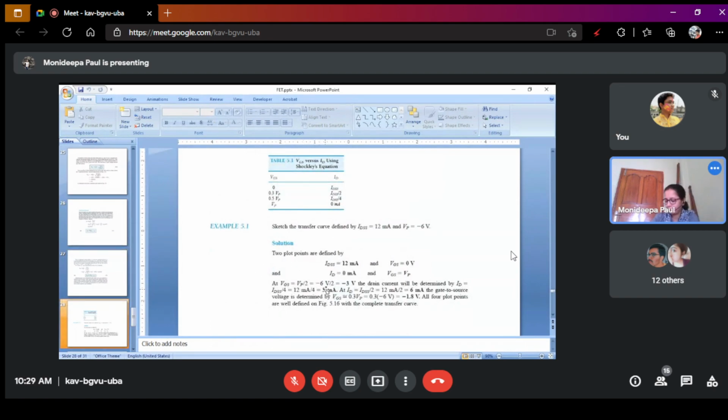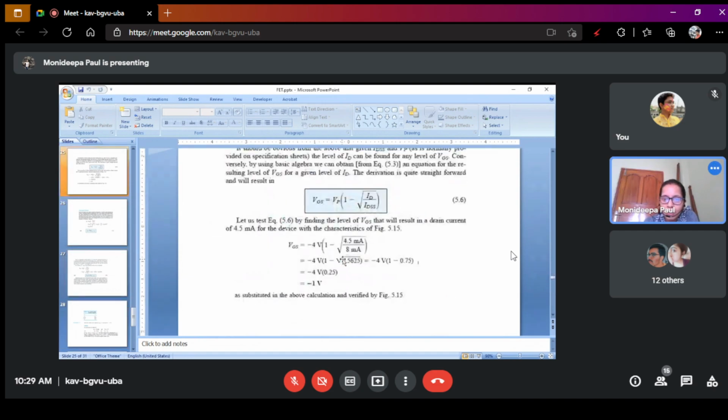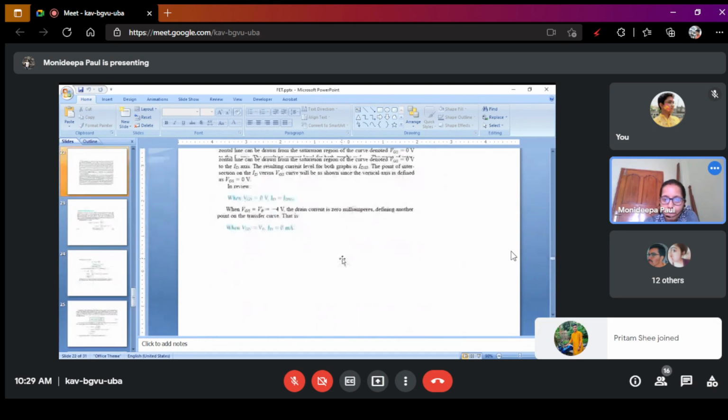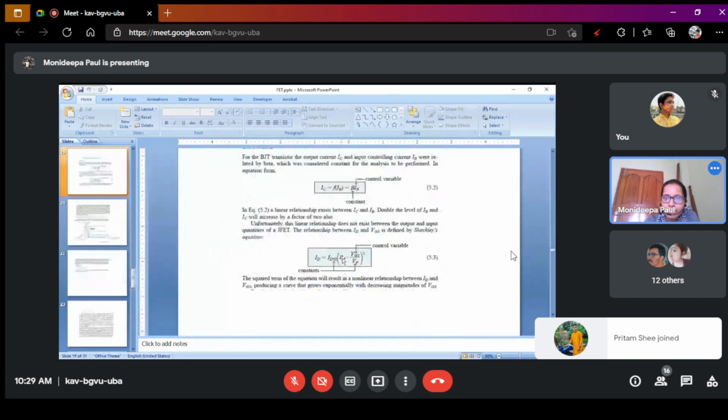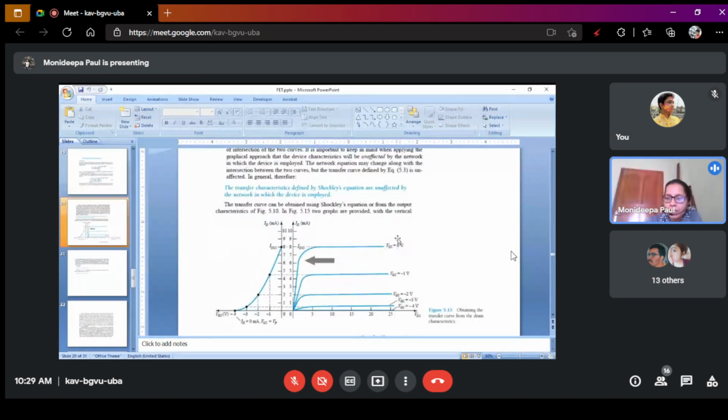First assumption. Ma'am, how did you say that VGS is equal to 0? Yes. When VGS is equal to 0, IDSS value is maximum compared to the other VGS values.